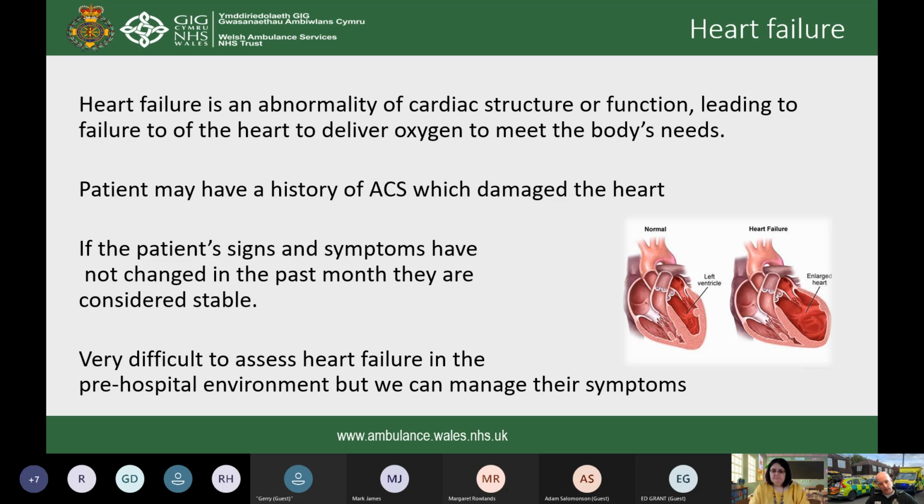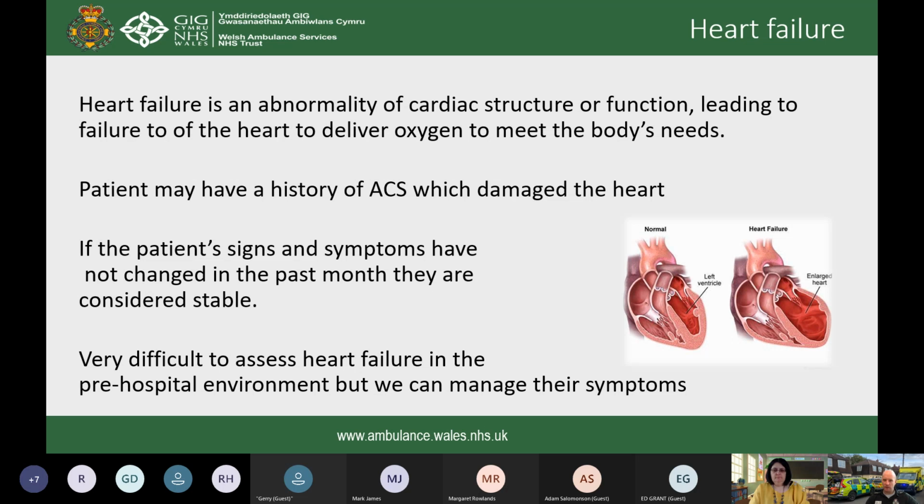So you've got a normal heart, then you've got the heart failure. Most likely this person's had an MI, which has damaged that left ventricle part of the muscle, and it's enlarged that ventricle. Or it's had an MI somewhere else, which has stretched it.